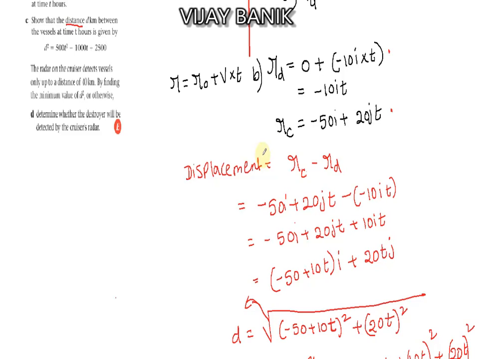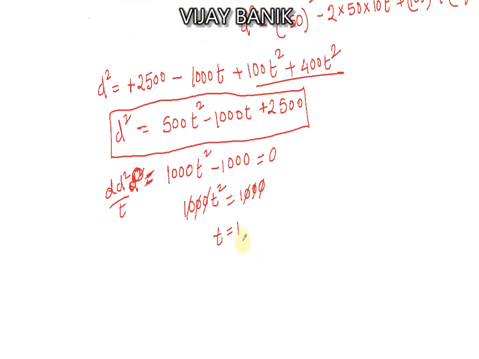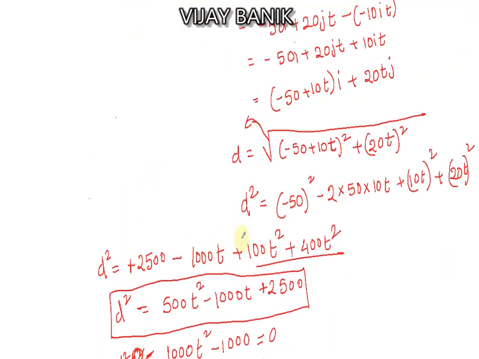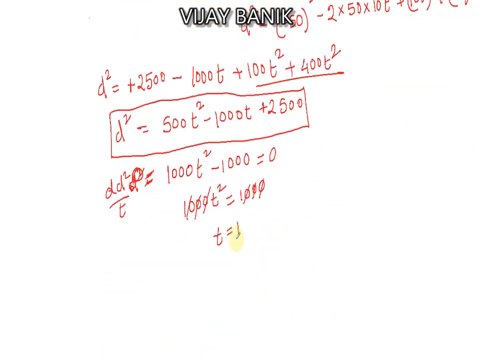Now substitute t to determine whether the destroyer will be detected by the cruiser. So t is equal to 1. If I substitute that t in the main equation at the first hour, I will get my minimum distance. So d square is equal to 500 into 1 square minus 1000 into 1 plus 2500.